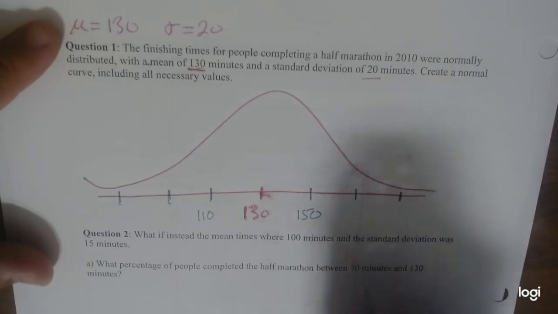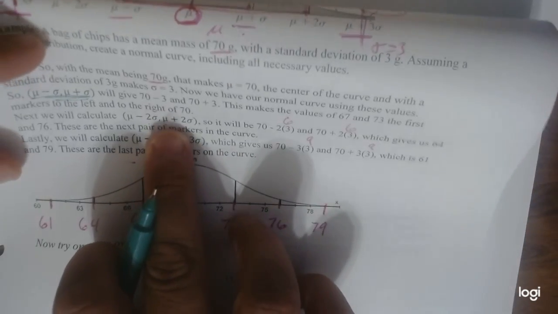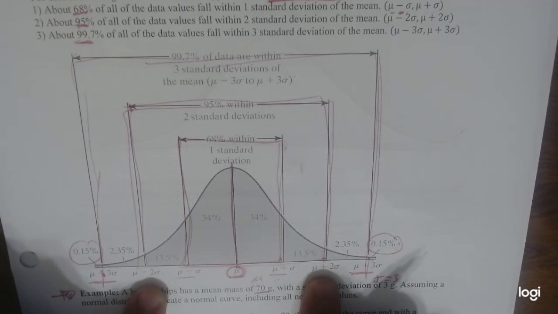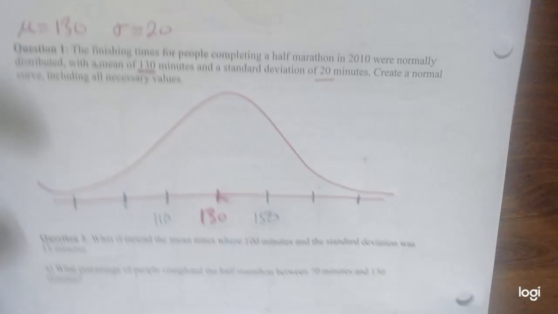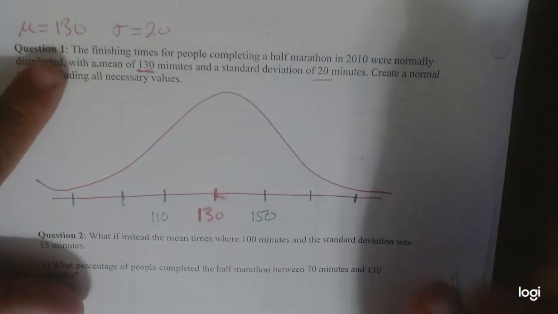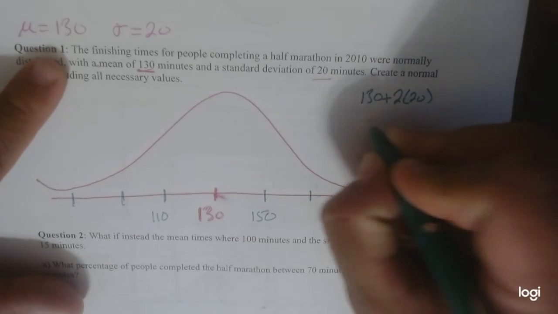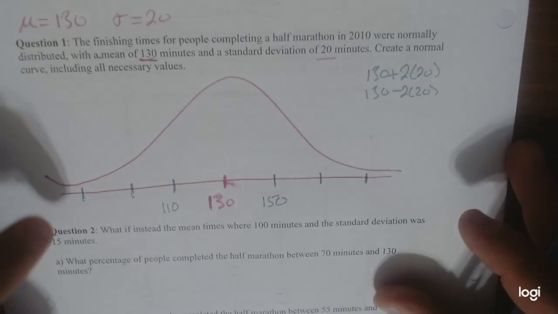Now to get this number, according to our example, we now add and subtract 2 standard deviations, the same values on both sides. So it'll be 130 plus 2 times 20, and 130 minus 2 times 20.